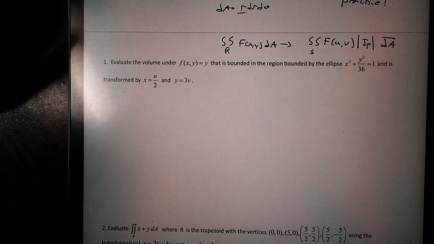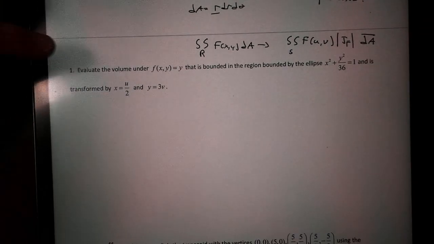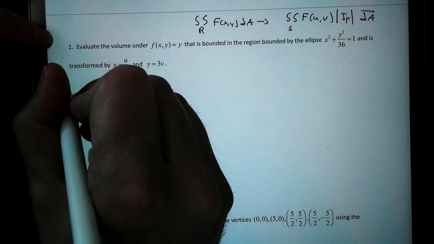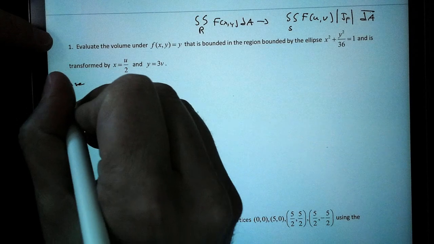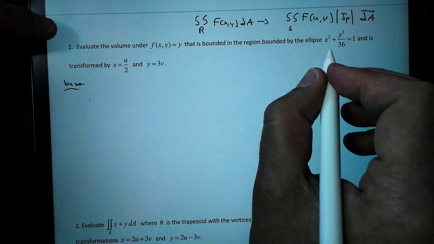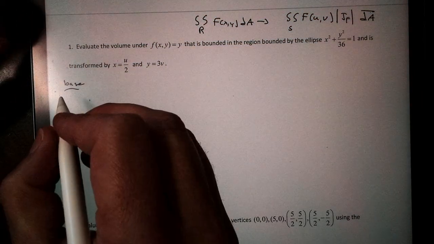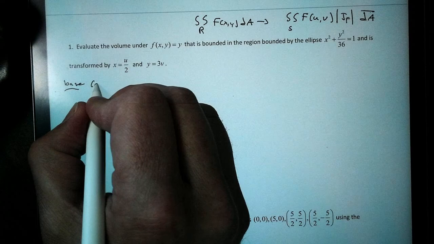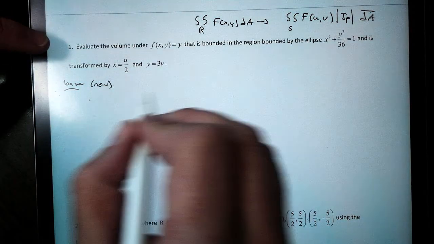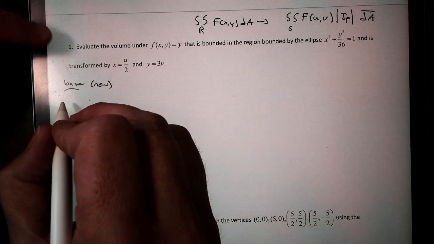So the first thing we're going to have to do is convert the base. So let's talk about the base right here. My original base I can get looking at my new region. I don't need to look at what the original looked like, but I want to get the new region. Well, to get that, I can just plug in my transformations. So I can plug this in.